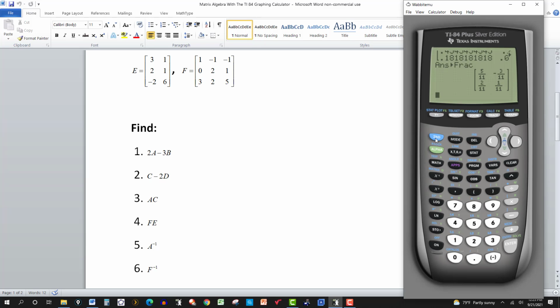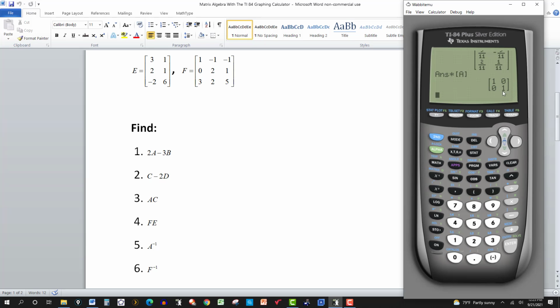So let's do this. Let's say multiply this, and then we want matrix A. That's 1. Hit enter. Again, I always get this identity matrix for multiplication. If it's a 2 by 2, it'll have 1s along the main diagonal. If it's a 3 by 3, it'll have 1, 0, 0, 0, 1, 0, 0, 0, 1 for the first, second, third row.